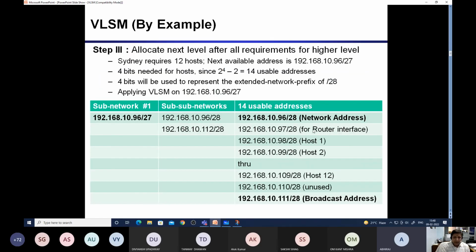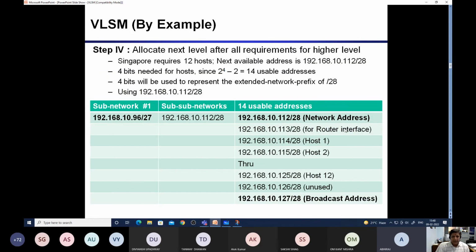If you go next, .96 to .111 is a broadcast address, but here it is /28. Fine. And the first one, 97, is assigned to the router interface. If you go further, 112 to 127 and 113 will be assigned to the router interface.